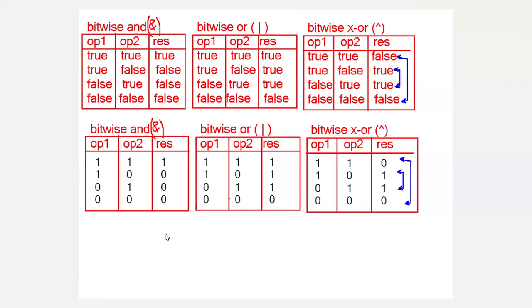Clear? Why you cannot apply on them? Because we cannot convert them into binary data. Binary data conversion not possible. What type value can be converted to binary? That one.